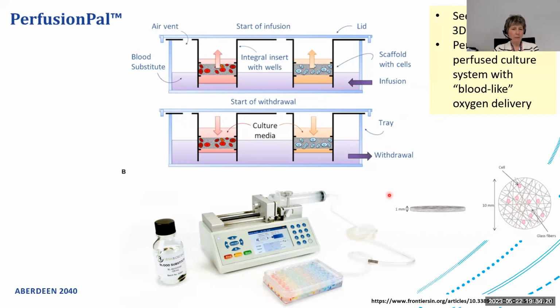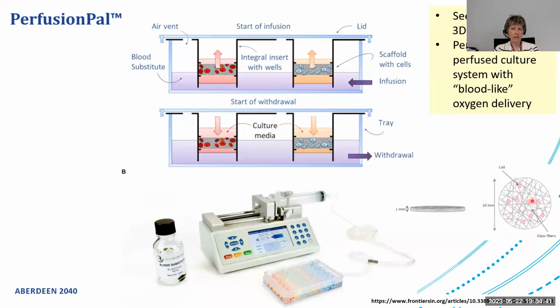And what happens is that using this artificial blood substitute, you can have an infusion of the cells. So the cells are permanently bathed or infused with this blood substitute. So the media is constantly flowing between and over the cells in culture.